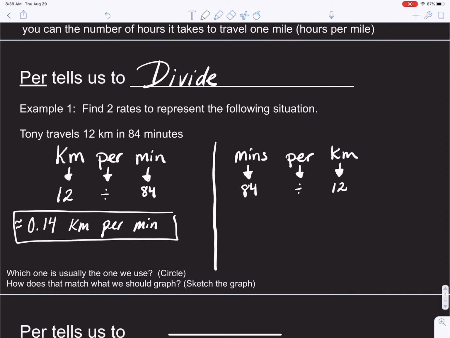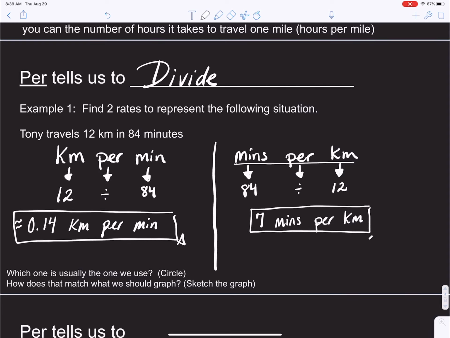To find the minutes per kilometer, we need to do 84 divided by 12, and 84 divided by 12 is 7. This tells us our unit rate: 7 minutes per kilometer. So those are our two unit rates that we could use for this problem with Tony.